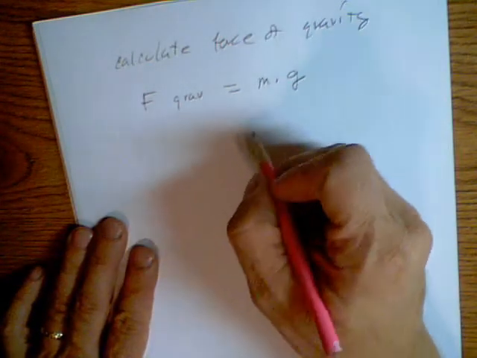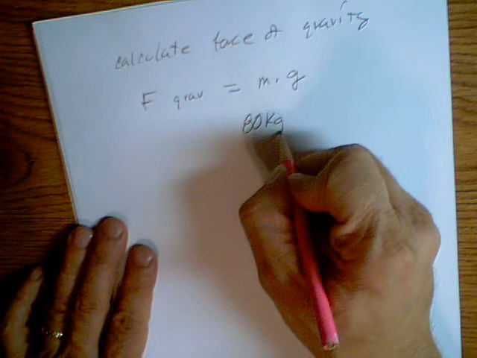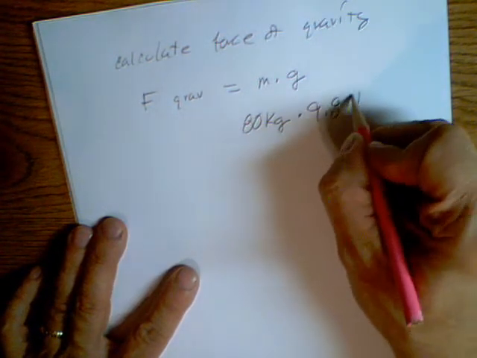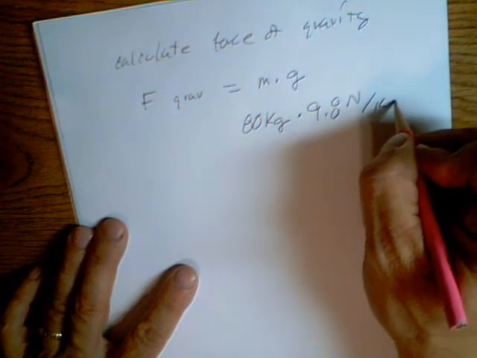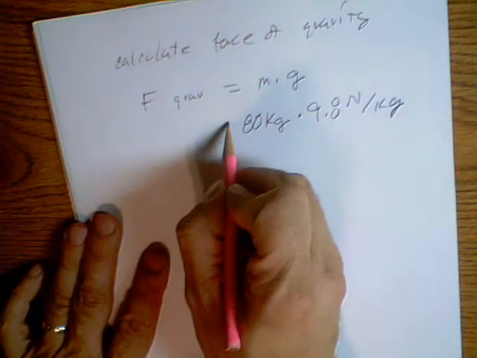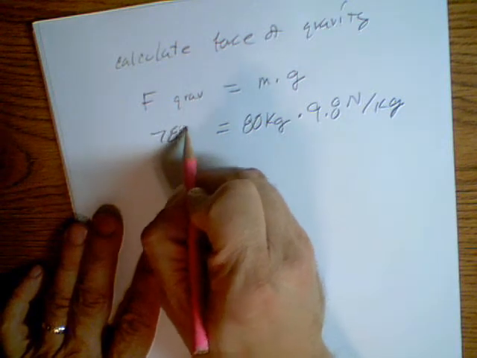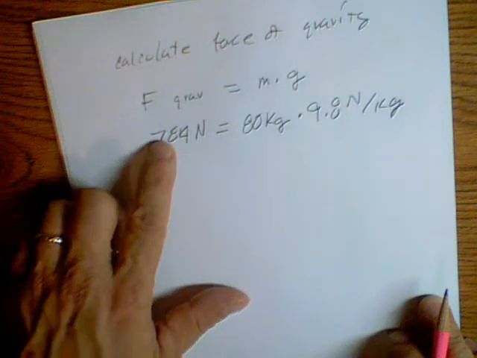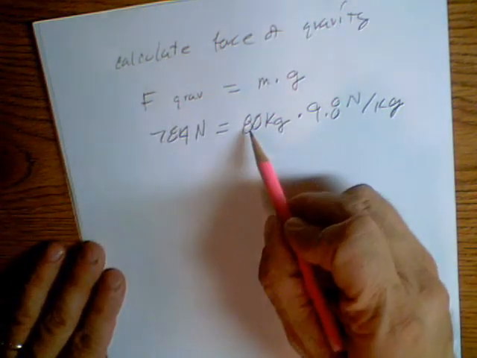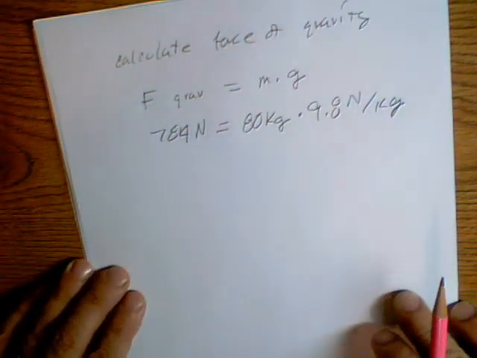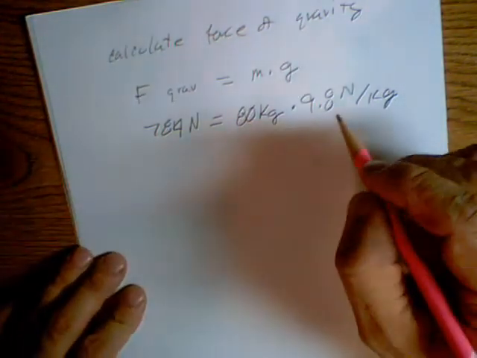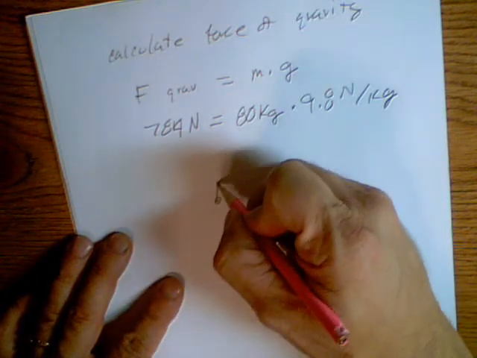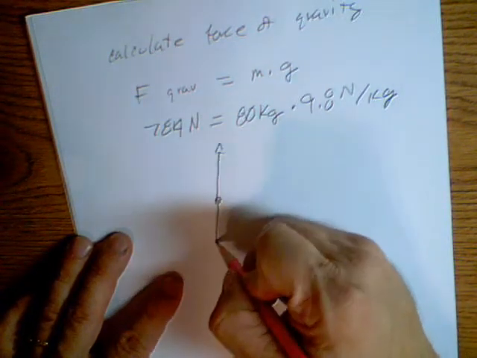So a typical 80 kilogram person times 9.8 newtons per kilogram, which is applied by gravity, equals 784 newtons. So that's how much force is being applied by a typical 80 kilogram person. An 80 kilogram person might weigh about 180 pounds.